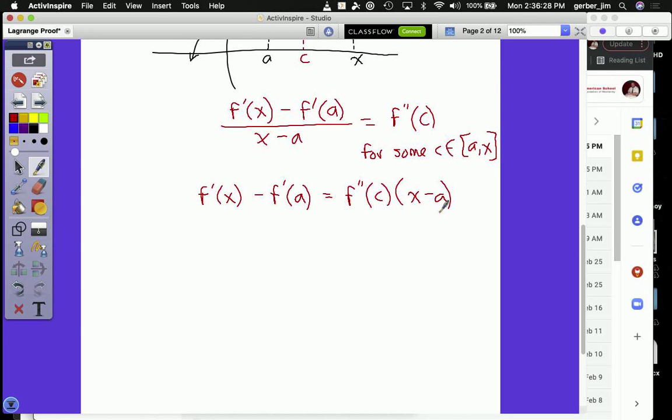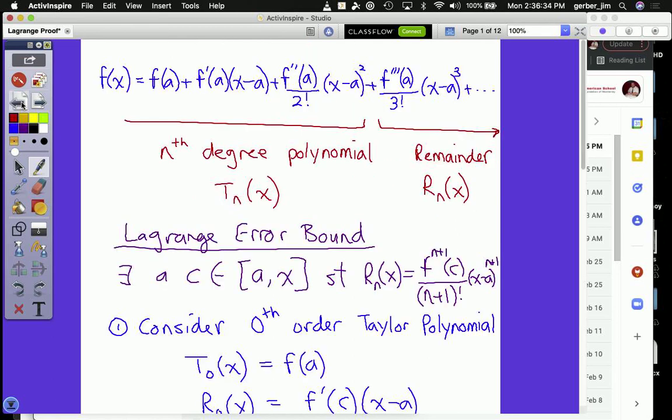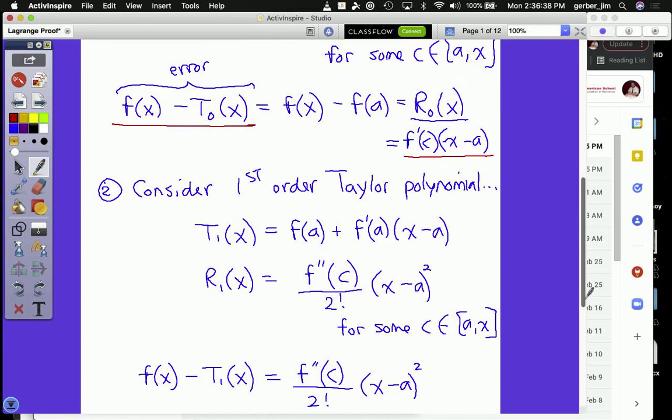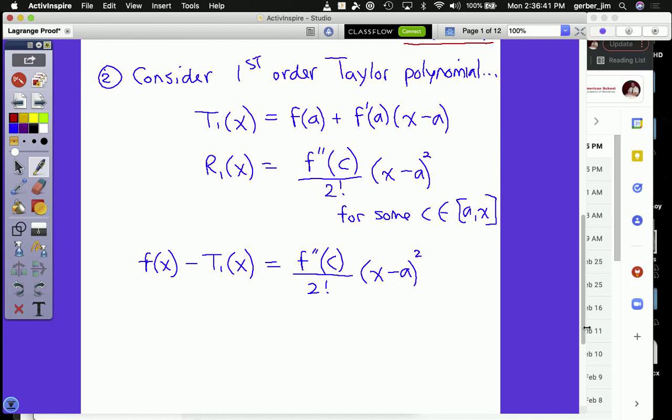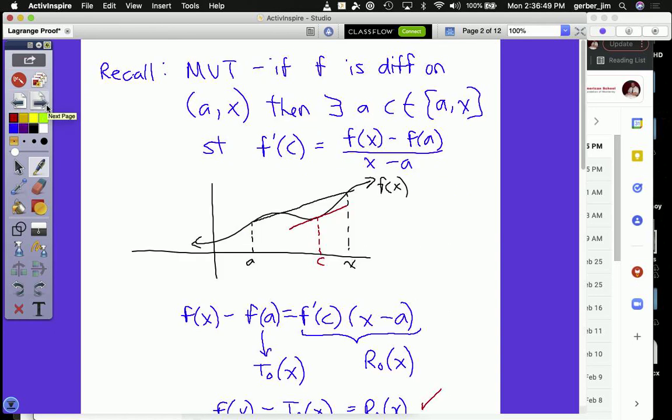Now, the problem is that's not giving us what we wanted from our earlier work. If we go back and look at this again, when we did our second approximation here, we ended up with this, f at x minus T1 at x. And so that's what we actually want to get to using this mean value theorem approach.